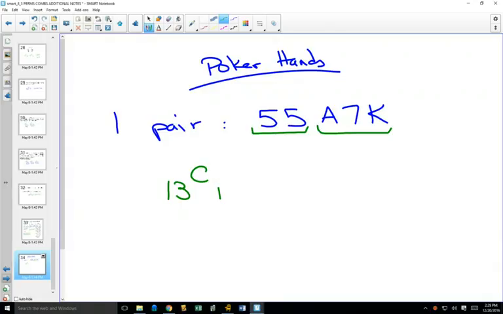So the 13 choose one decides on the kind. And in our example, it's fives. Now, how many fives are in a deck? 4. And to get a pair, how many of those fives do we need? We need just 2 of them. So we take our 13 choose 1 and we multiply it by 4 choose 2. This together counts all the different pairs that are possible.